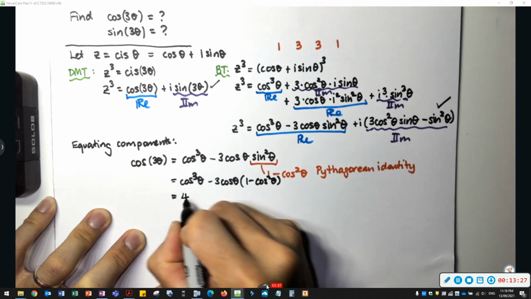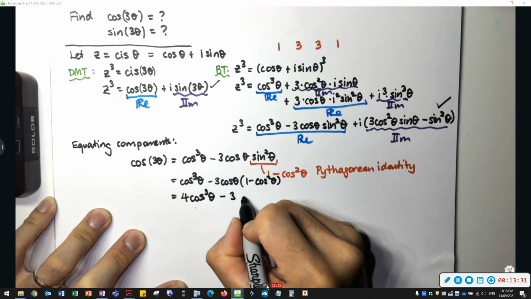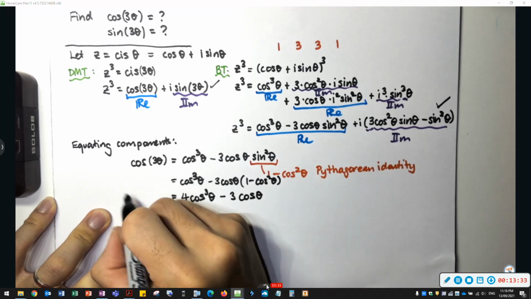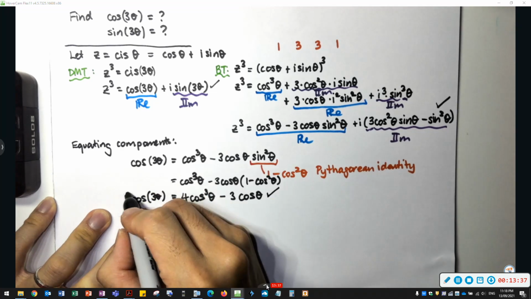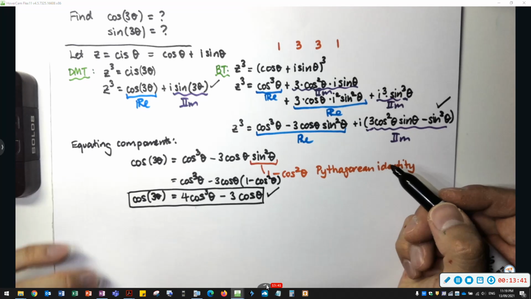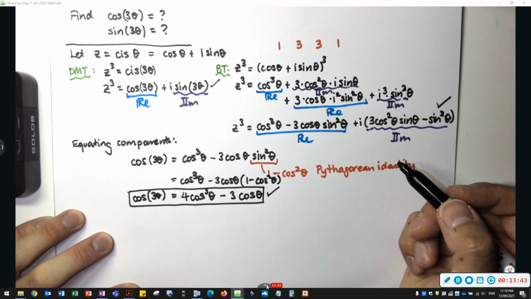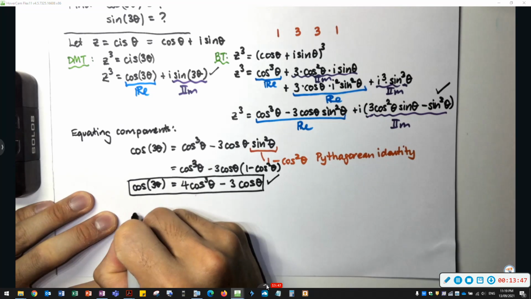So I've got a total of 4 cos cubed theta minus 3 cos theta. Okay, that's what cos 3 theta equals. Isn't that amazing? Okay, so let's quickly work out the sine 3 theta as well and get a similar identity.